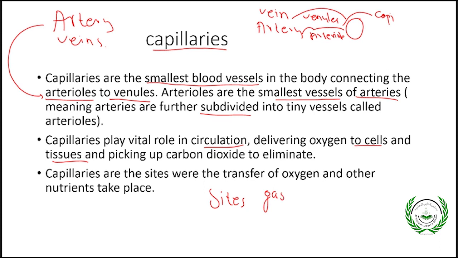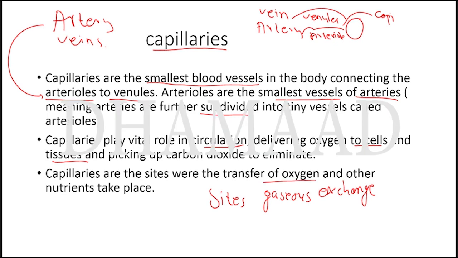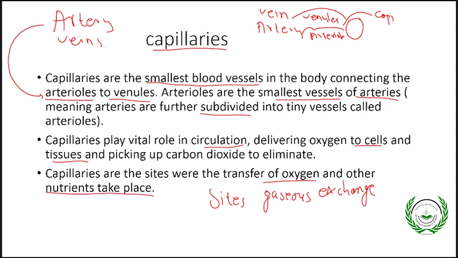Capillaries play a vital role in circulation because they deliver oxygen to cells and tissues and also pick up carbon dioxide. In other words, capillaries are the sites of, number one, gaseous exchange, where carbon dioxide and oxygen are exchanged. Number two, it is where the transfer of nutrients takes place.